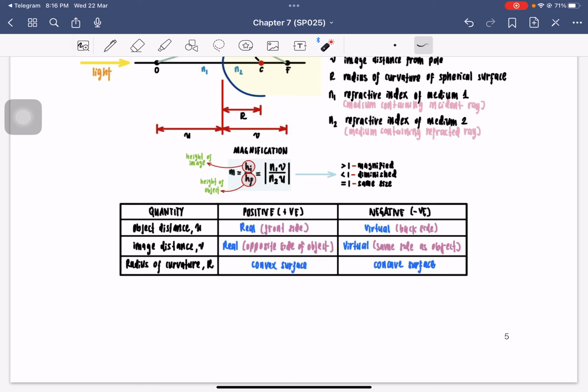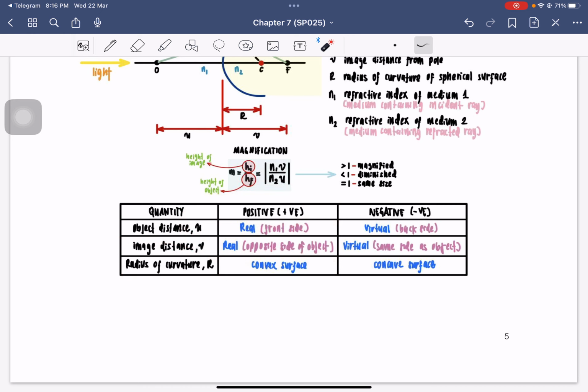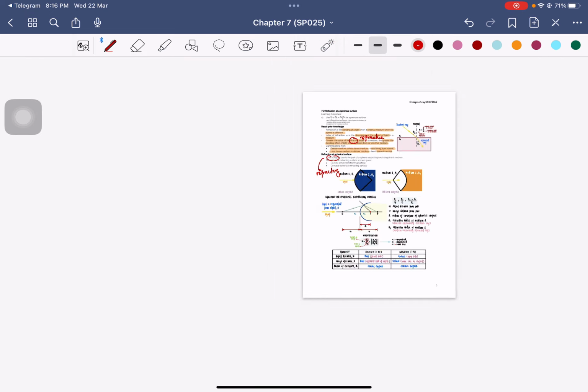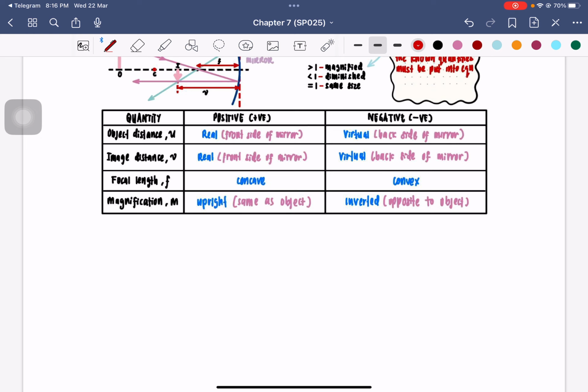The radius of curvature will be positive if it is a convex surface and negative if it is a concave surface. For a mirror, the focal length is positive for concave, meaning the radius of curvature is positive.